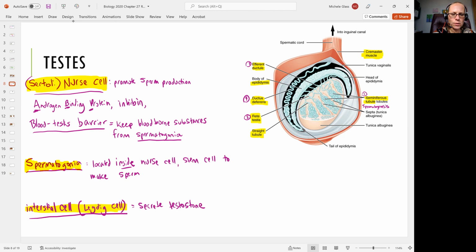What we can say here is we're going to see the testosterone helping to promote spermatogenesis. And let's just say secondary sex characteristics, which again is the biological way to talk about the differences that we see between biological males and biological females.